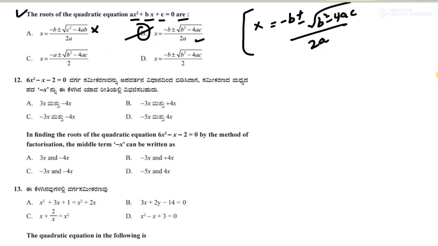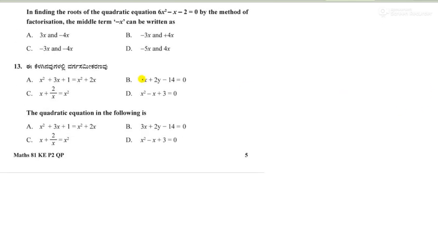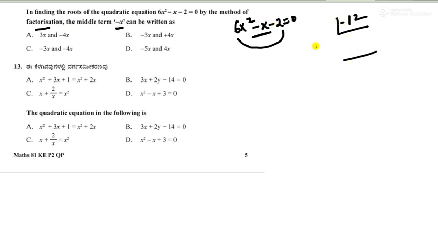Next, moving to question number 12. In finding the roots of quadratic equations, let me write it first: 6x square minus x minus 2 equals 0. By method of factorization, the middle term minus x can be written as what? We have to multiply the first and last term first. So 6 twos are 12, and since here we have minus, we will write minus 12.